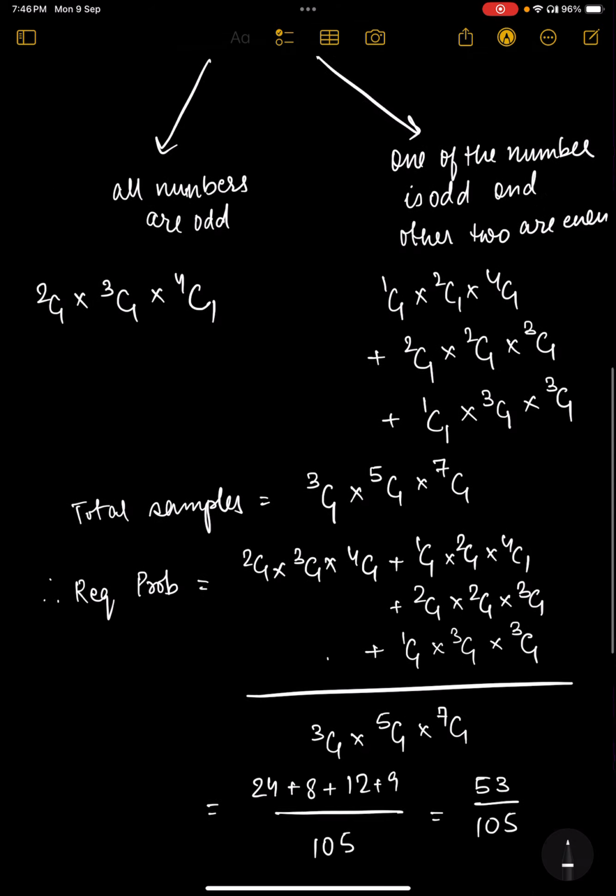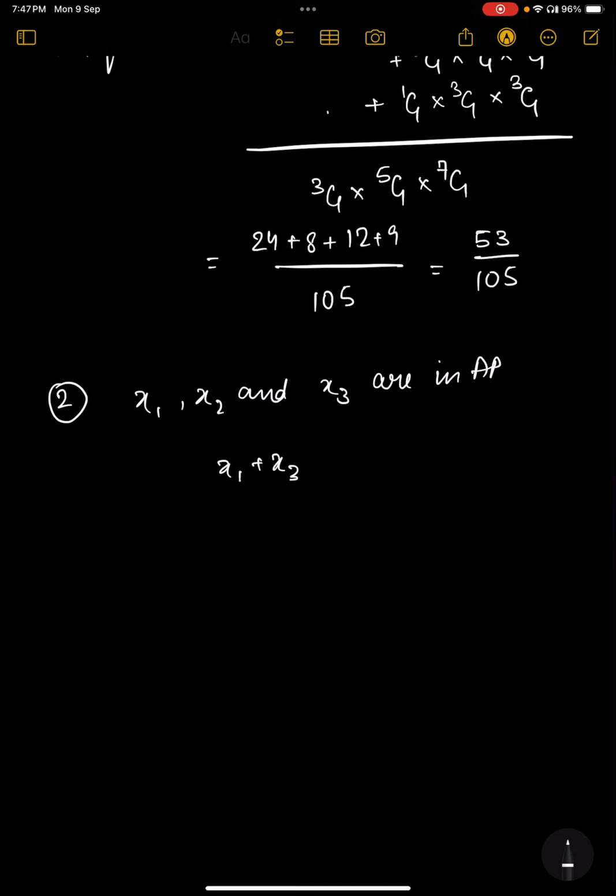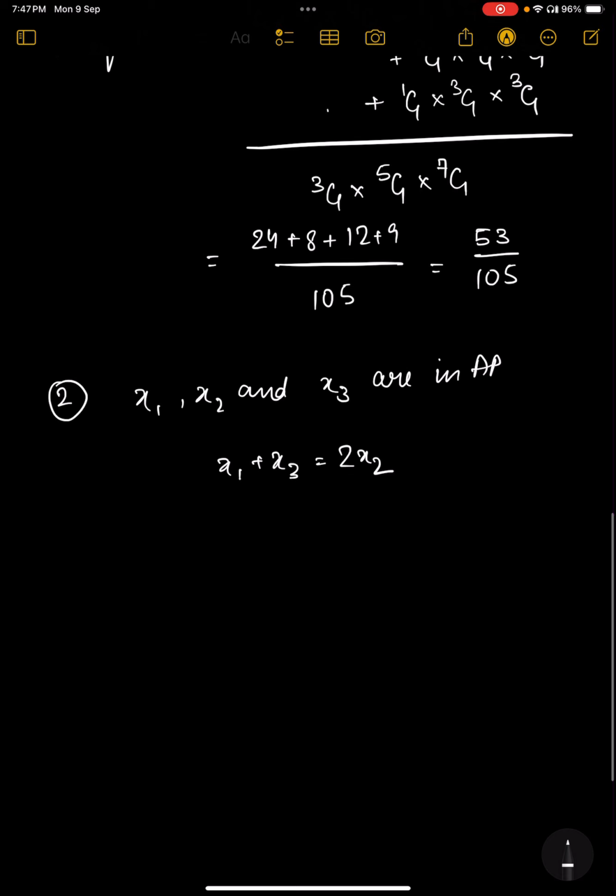Now going to the next part of the problem, in the second part it is given that x1, x2, and x3 are in AP. Being in AP means that x1 plus x3 is equal to 2x2. This means that x1 plus x3 should be an even number.